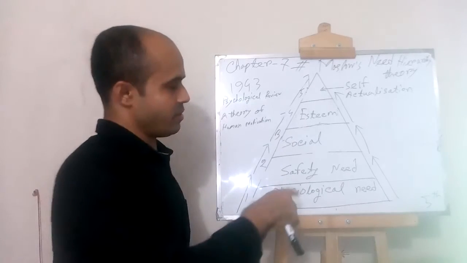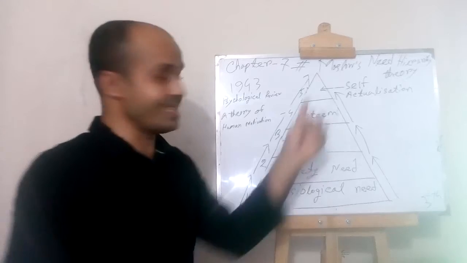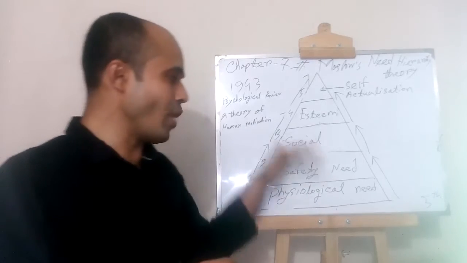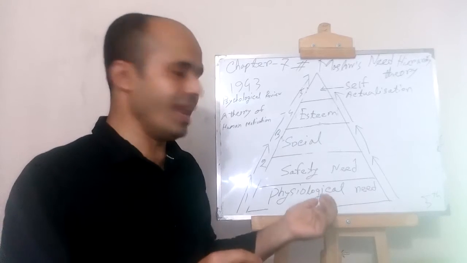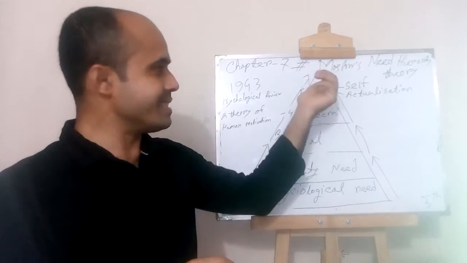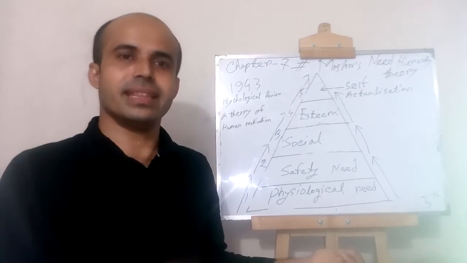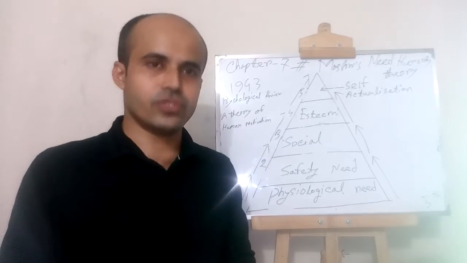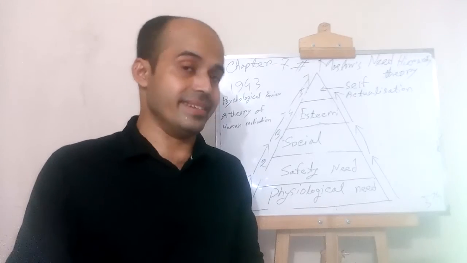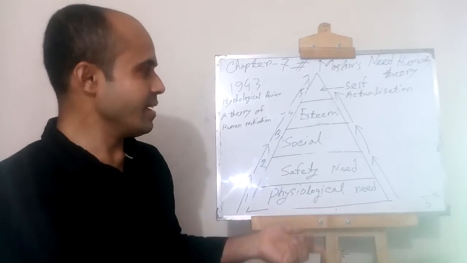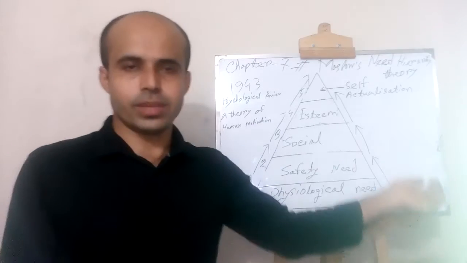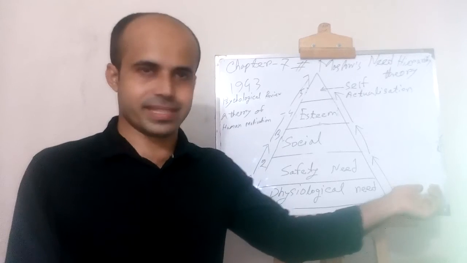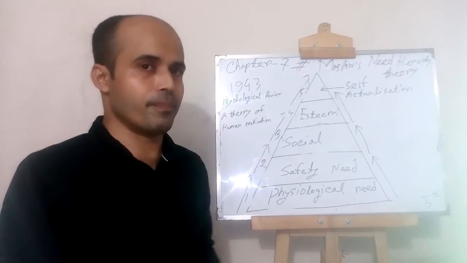If that is filled up, then it will be shifted to self-actualization. In such a way, a man in life will cross these 5 stages to fill up their needs. So that is why, if we want to give motivation to the employees, at that time we have to think.